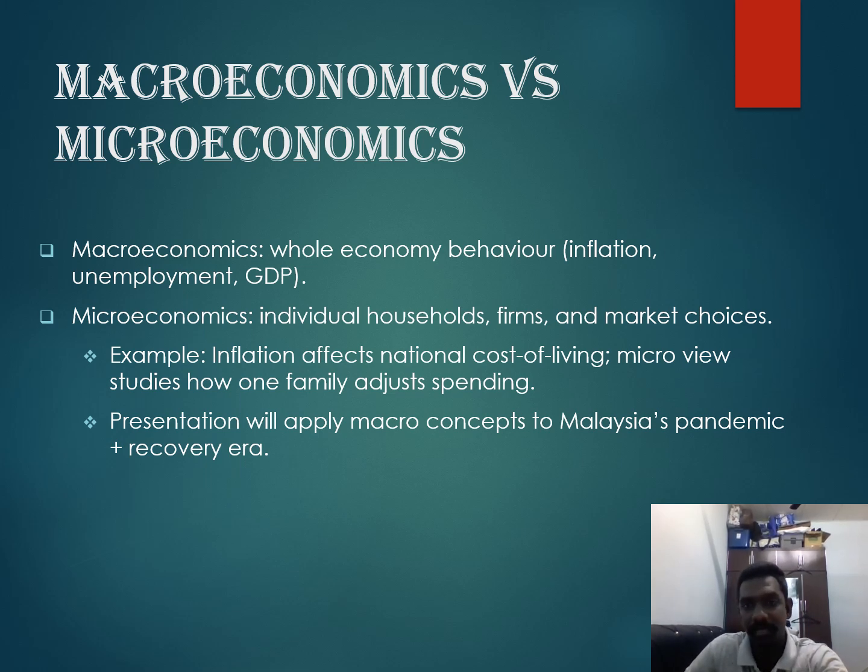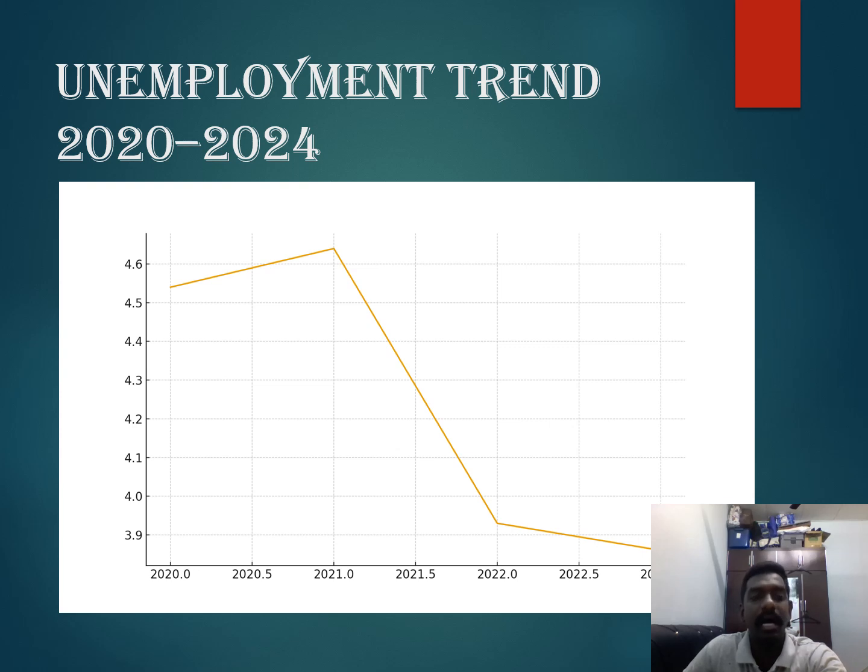So the next slide will be the unemployment trend chart, which Doctor can see from 2020 to 2024. This graph shows the Malaysian unemployment rate from 2020 to 2024.